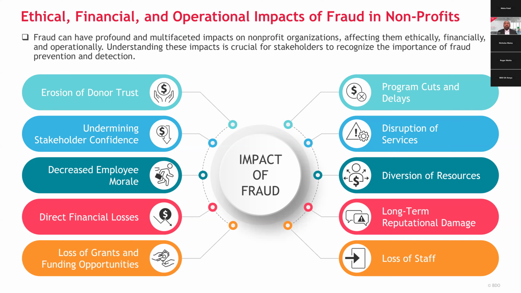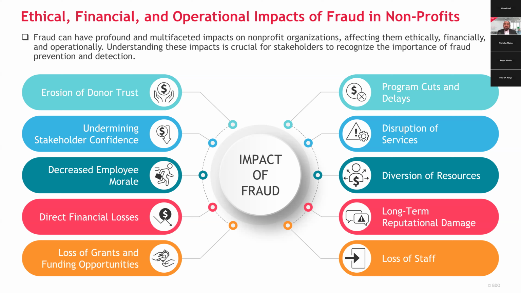Now let's look at some of the operational impacts of fraud. First of all, there's the disruption of services. Addressing fraud requires resources and attention that would otherwise be dedicated to the organization's mission, leading to a disruption in services. And then there's also the question of diversion of resources.